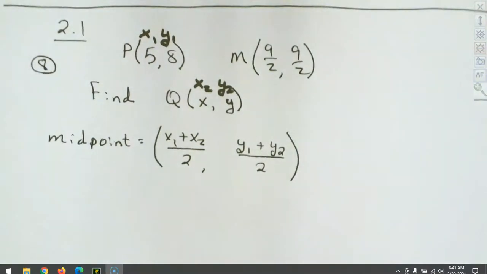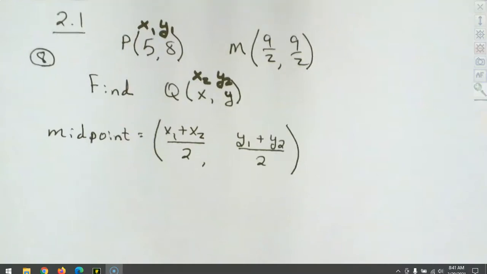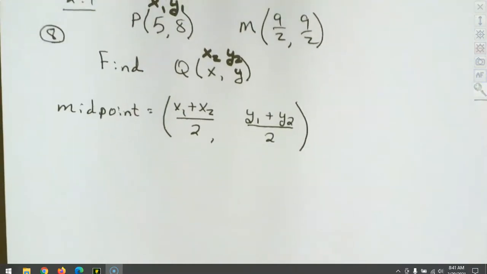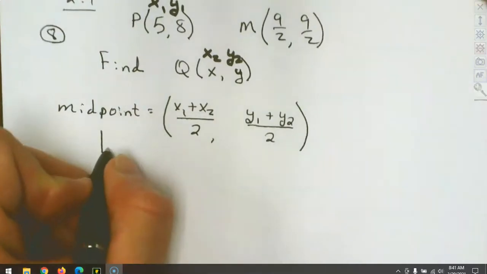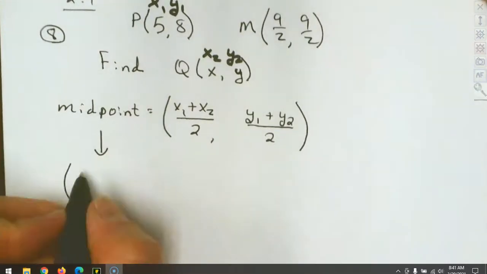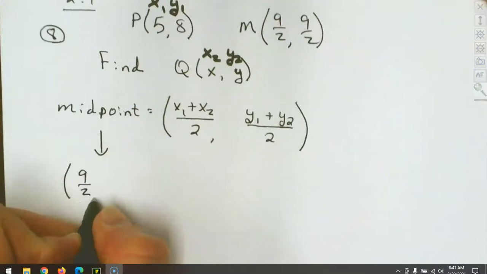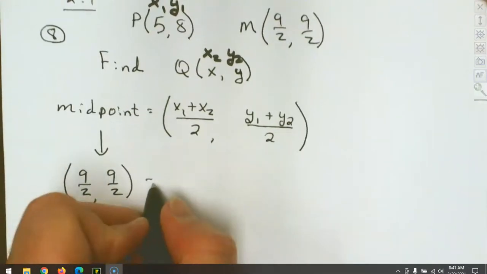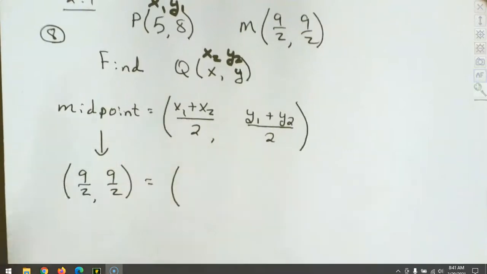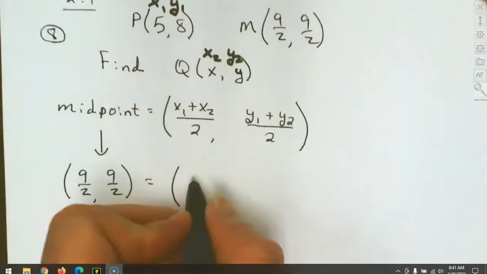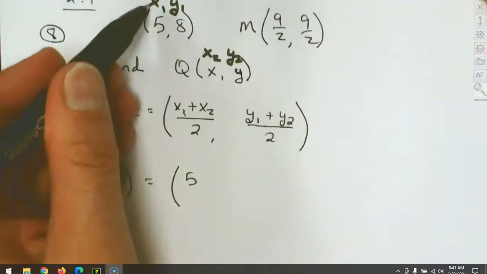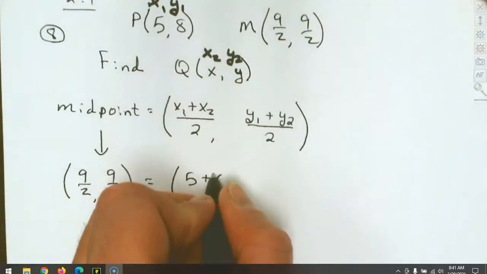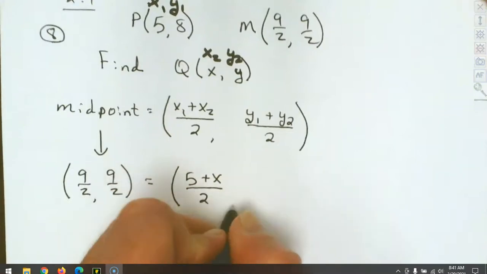Now we want to go ahead and fill this in. Okay, so we're going to begin by plugging our values in. What about our midpoint? Well, our midpoint, remember, that is your M, and that is 9/2, comma, 9/2. And that's going to equal the x's added together, which is x1, the 5 here, and x2, which is the x, and we'll divide that by 2.